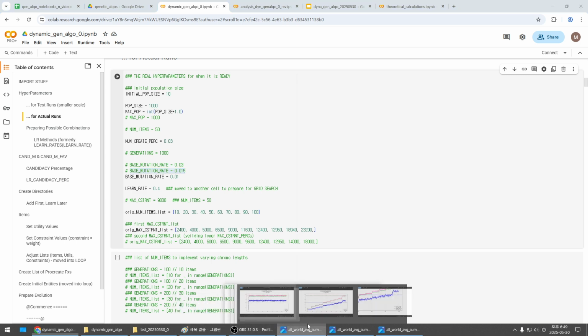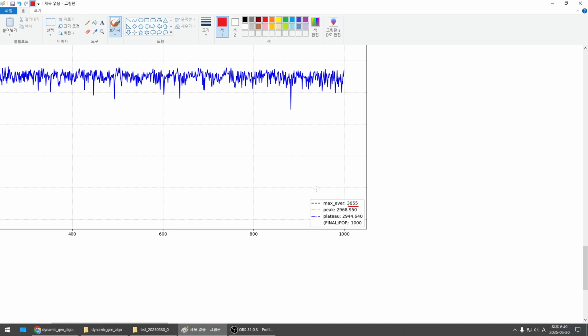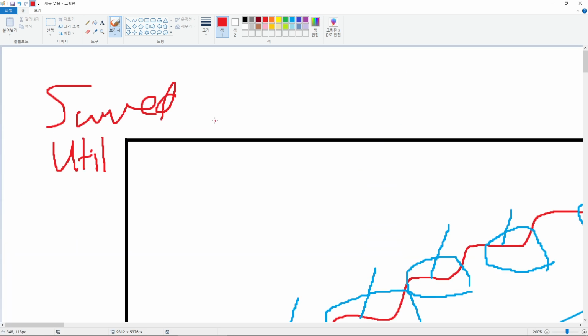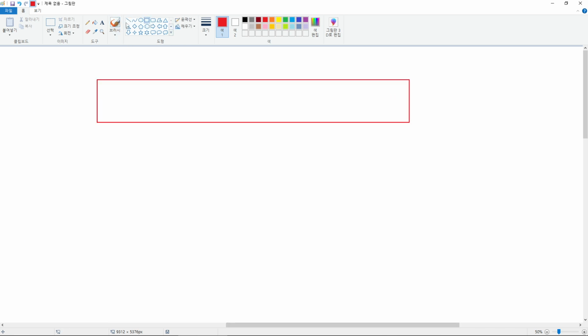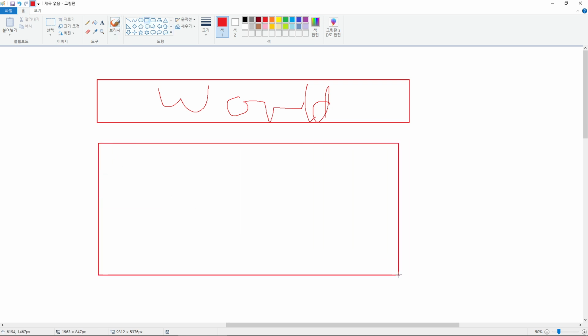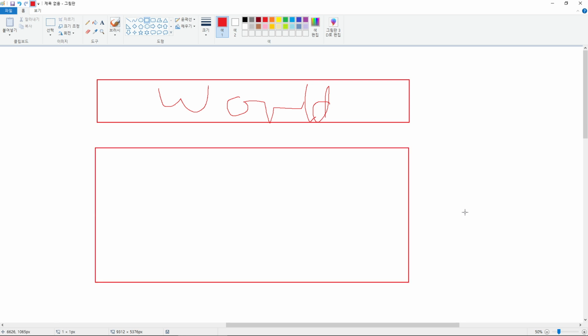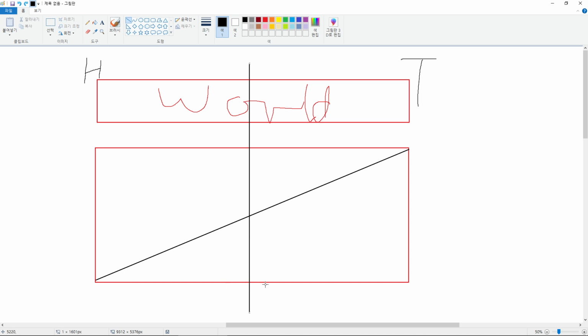So now I'll briefly demonstrate that. This is the world, and this is the plot for mutation rate, and this is the head entity is here, the tail entity is here, and it gives me something like that, and here's the median.